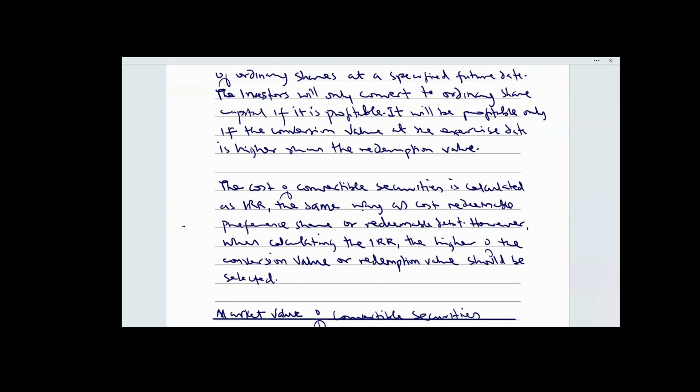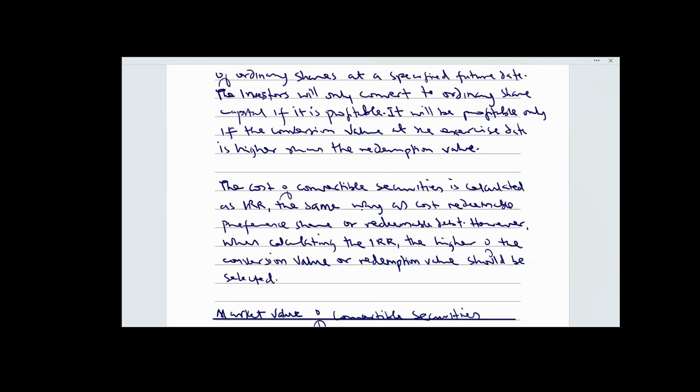However, when you are calculating your NPV, instead of using redemption value, you are going to use the conversion value if the conversion value is higher than the redemption value, okay? Because investors will only convert to a number of ordinary shares if it is profitable. If the conversion value is less than the redemption value, investors will not convert because it is not profitable.